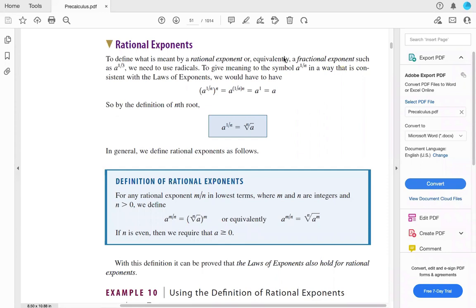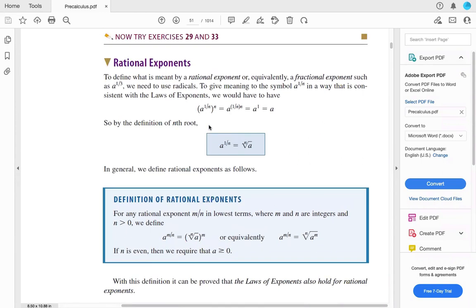Okay, so next we learn about radicals, and we want to relate this to the rational exponent. A rational exponent means a fractional exponent, in which the exponent appears in a fraction form, like a raised to the 1/3. The 1/3 is the fraction and is the exponent.